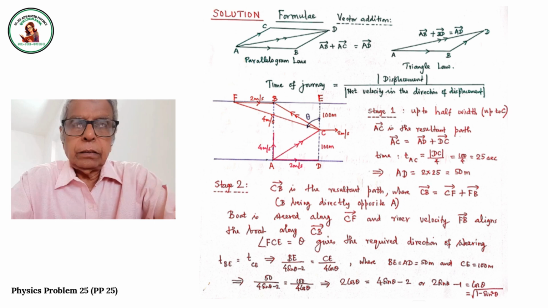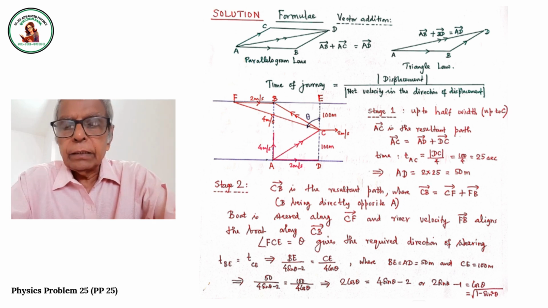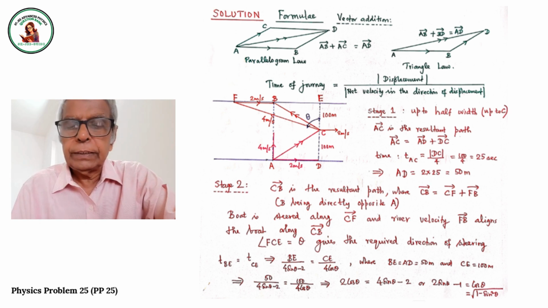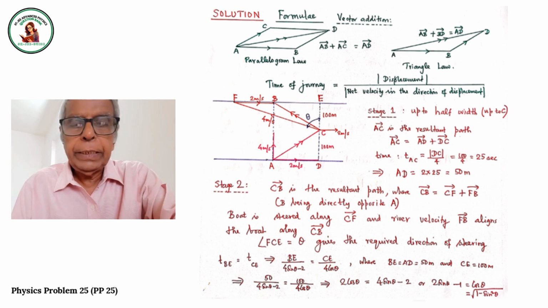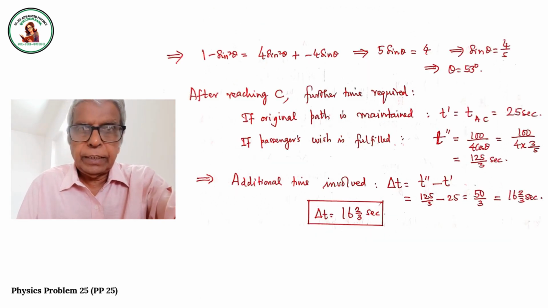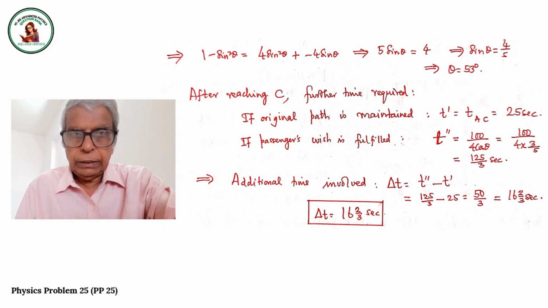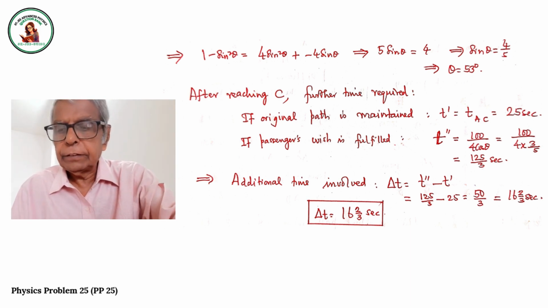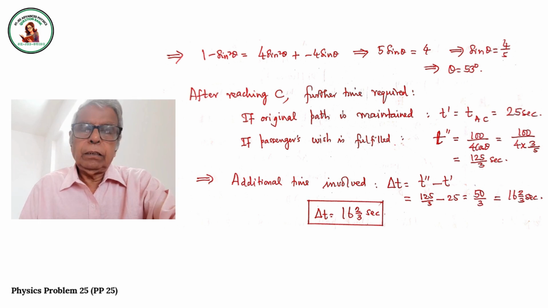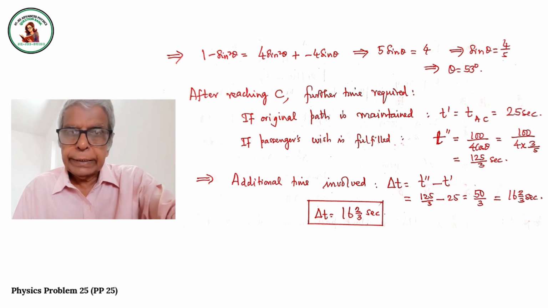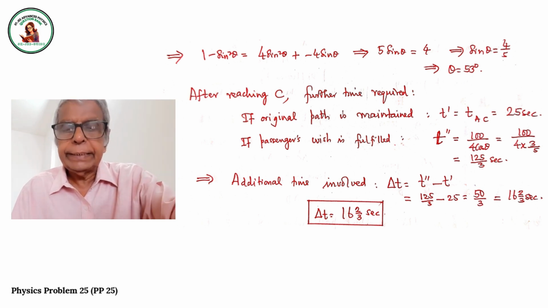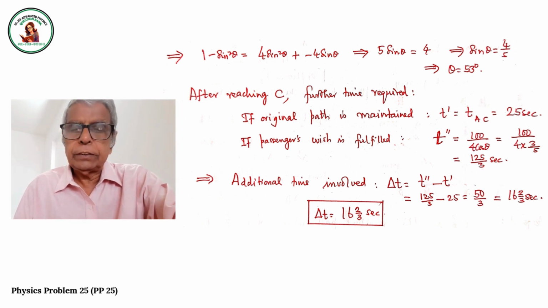So on applying the rule for the stages, for the simultaneous displacement, EB vector and CE vector, you can see both displacements occur simultaneously in two different directions. By this, equating the time for the two displacements, we get an equation for theta.